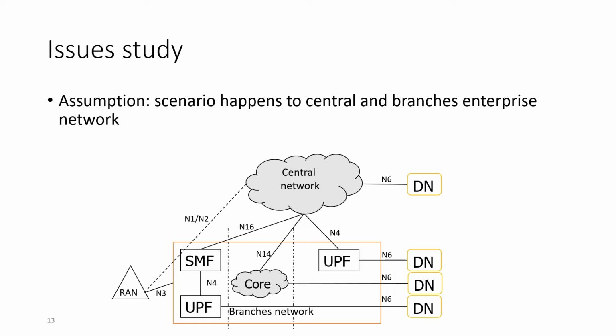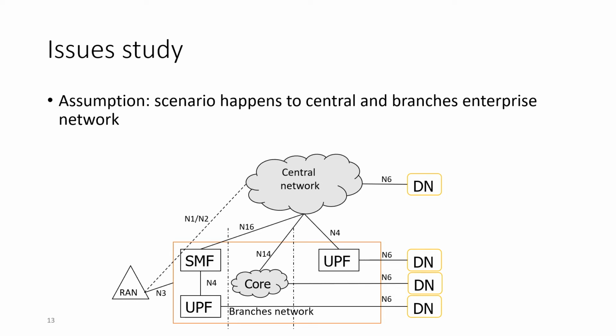But then the SMF in the branches network needs to communicate with the central network, and the UPF in the branches network needs to listen to either the branches SMF or the SMF from the central network.